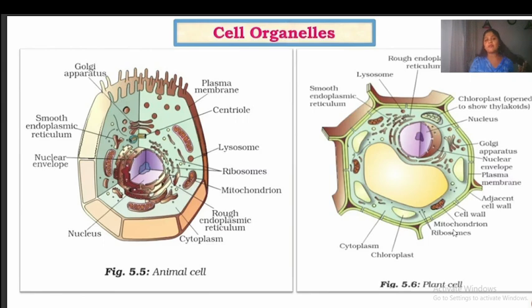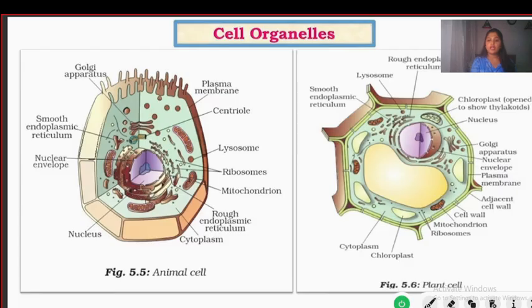Now here is a diagrammatic representation of the cell organelles. You can see this is your plant cell, and this is your animal cell. You can see the difference here. The vacuoles are very large.